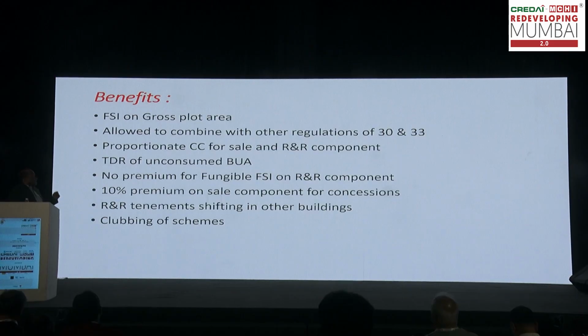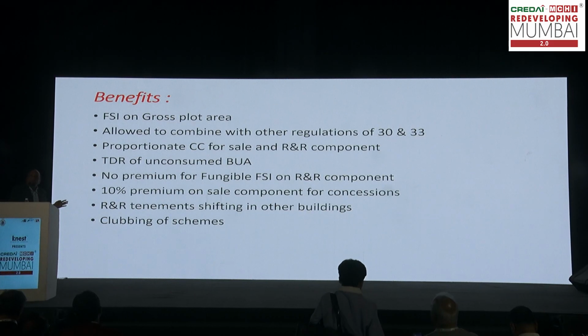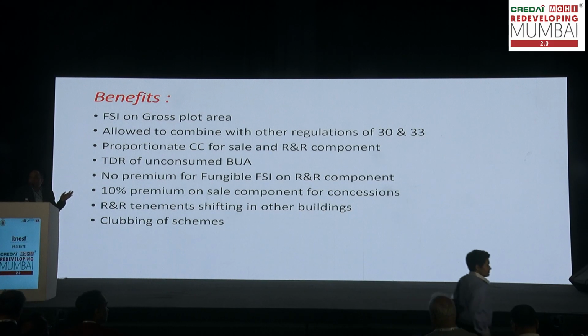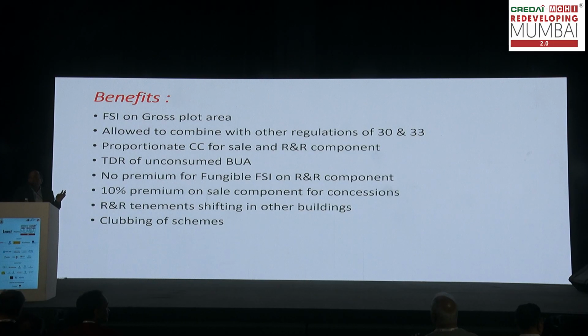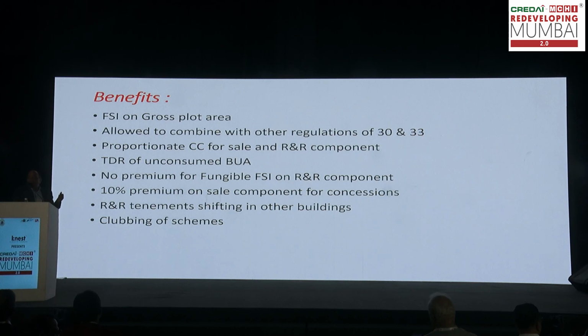Normally in regulation 30, table 12, whatever the FSI is permissible is on the net plot area. But as far as 33(20)(B) is concerned, the FSI permissible is on the gross plot area. What is the difference?